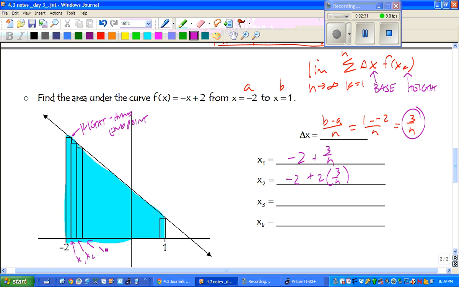To find the third one, we add 3 of them. And for x sub k, we're taking negative 2 plus k times 3 over n. Or another way we can generalize this, x sub k is going to be a plus k times delta x.